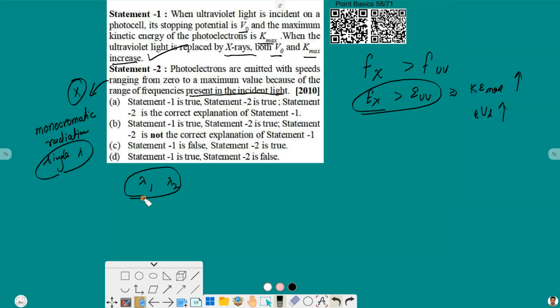They are irradiated one by one, as per the question, just to compare. So for a monochromatic radiation, we have a single lambda or single frequency, so kinetic energy will be constant. So in conclusion, one will be true here and second will be false here. So that is option D for us.